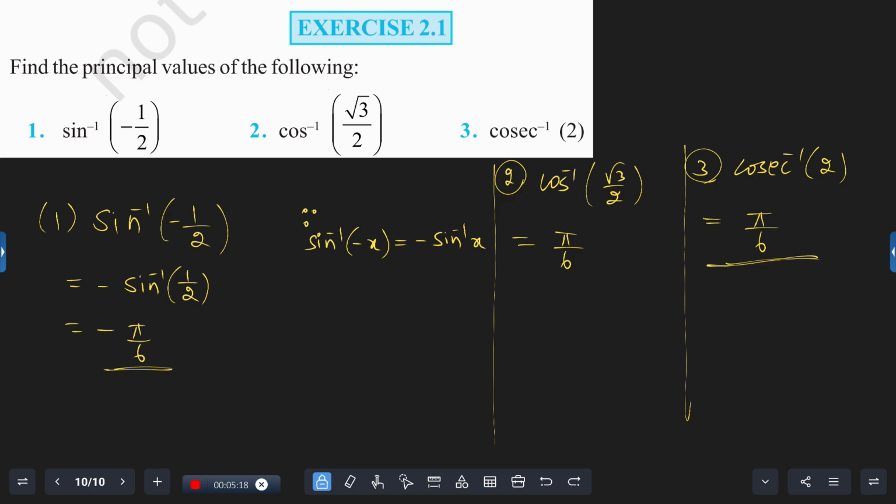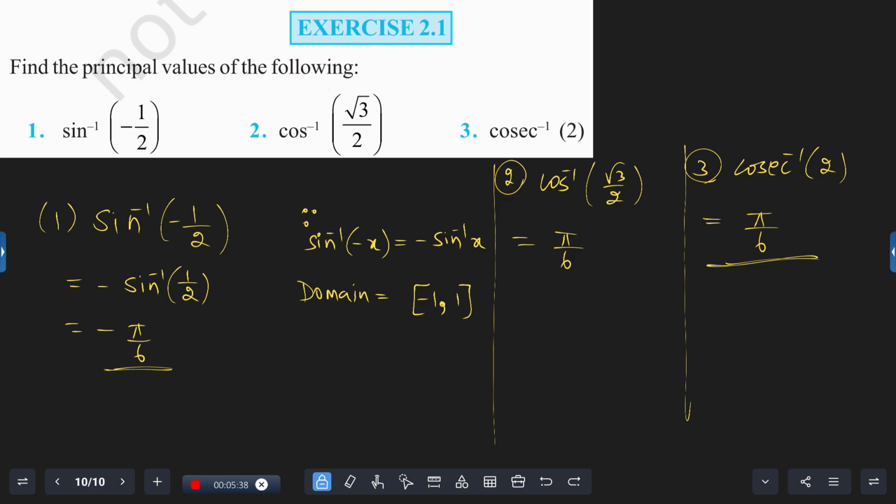Suppose the domain of sin, we know, is minus 1 to plus 1. The number inside must belong to the domain. So if you want to write that domain, you write the domain equal to minus 1 comma plus 1. So the inside number should lie in the domain.